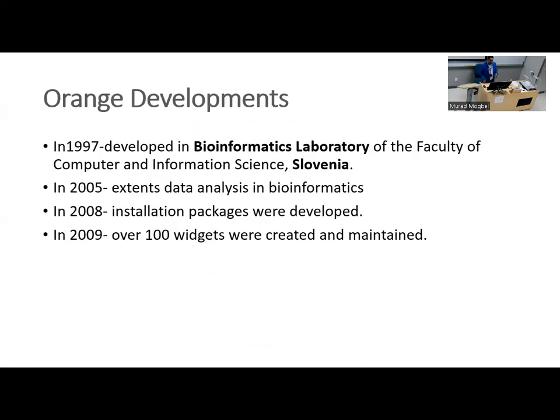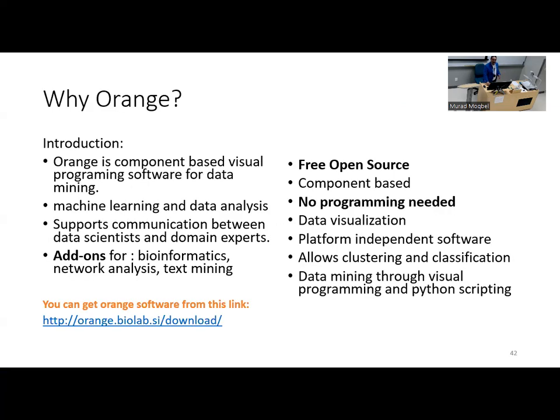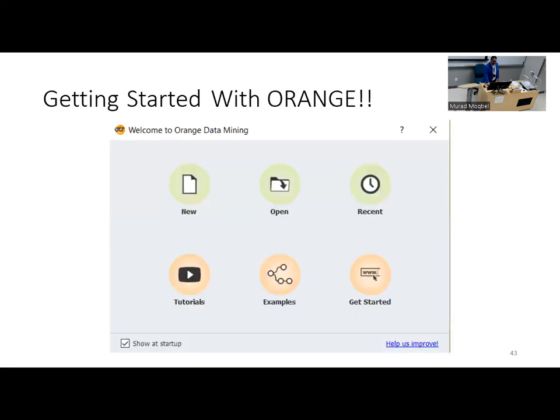It was developed in 1997, and they have been developing and improving it. Again, it is open source, it is free. It is a GUI, which means graphical user interface. You don't need to know programming or how to type scripts. You can just drag and drop the widgets, and we will do some examples here in a little bit.